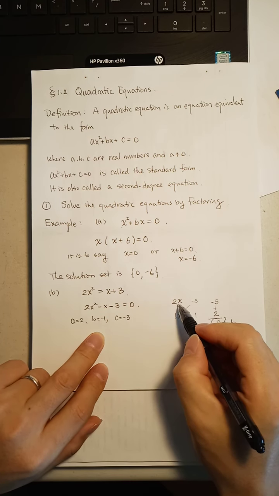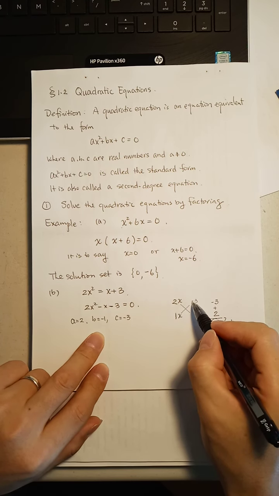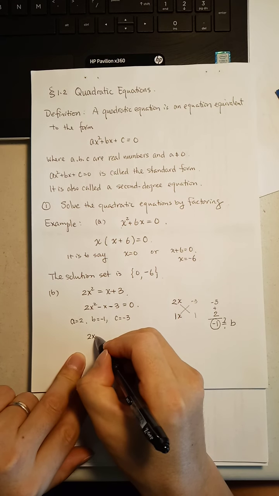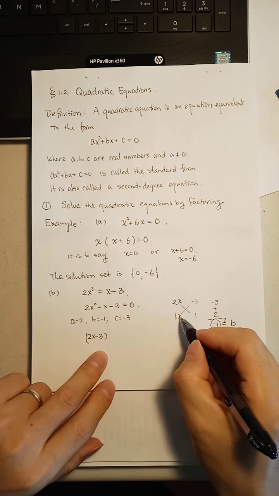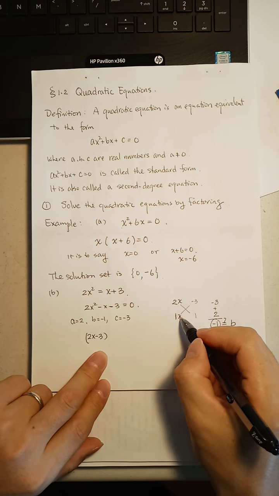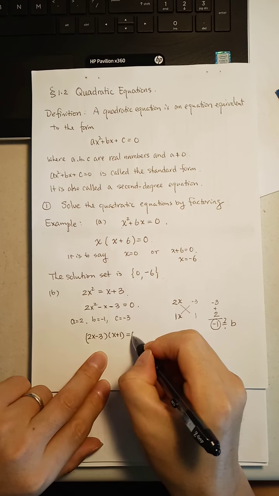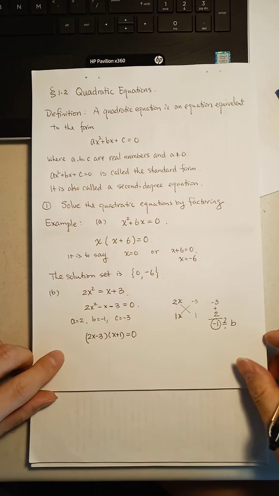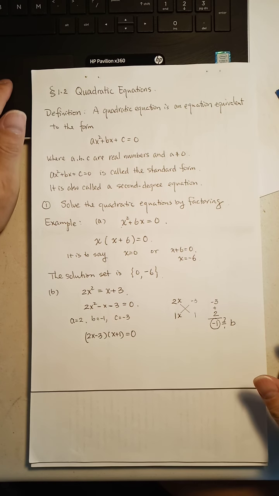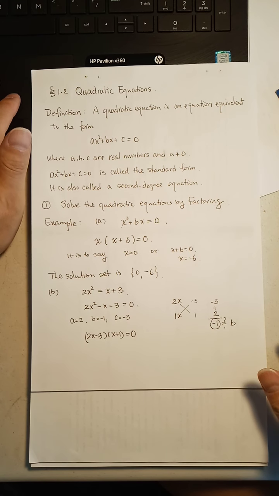Okay? So you read like 2x minus 3. X, here no sign means plus. X plus 1 equal to 0. This is the factorization. Okay?